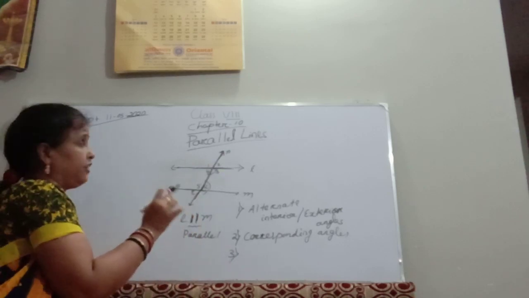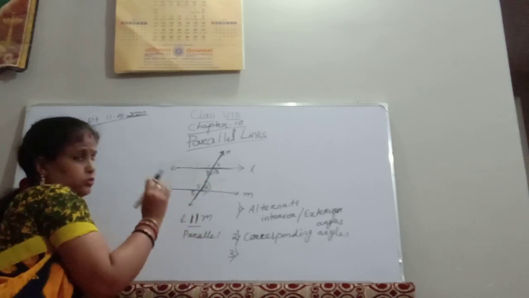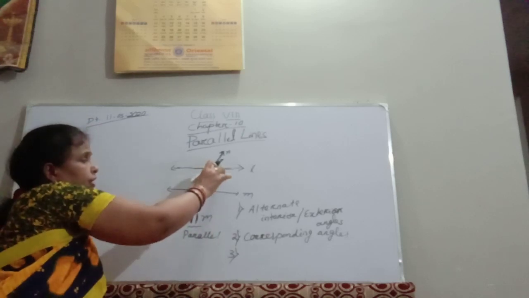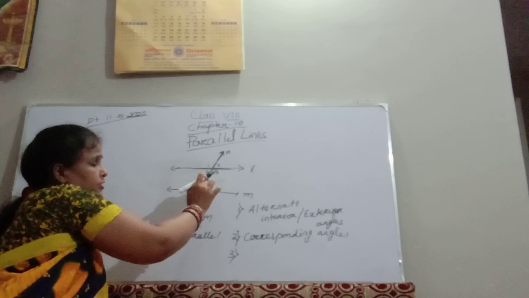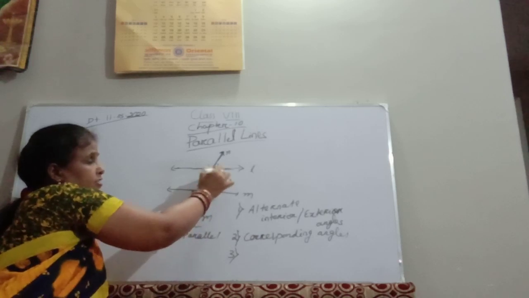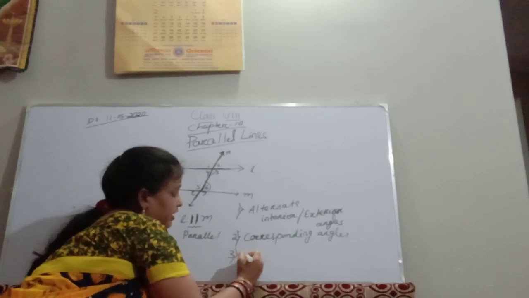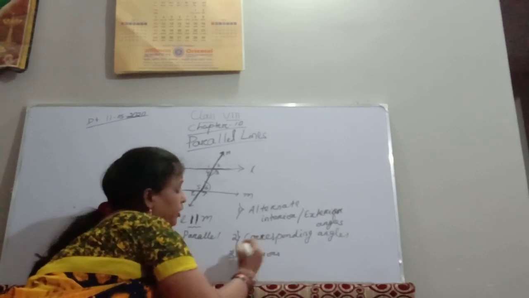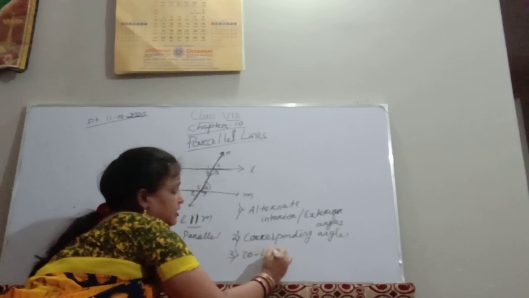As you know from a previous class, supplementary means the sum of the two angles must be 180 degrees. So 3 and 6 must be supplementary, that is, angle 6 plus angle 3 is equal to 180 degrees. These are co-interior angles.